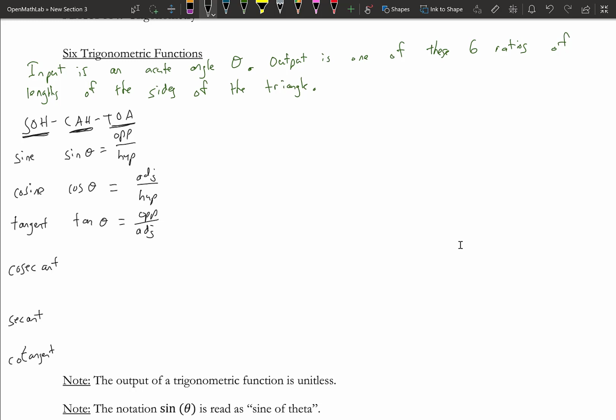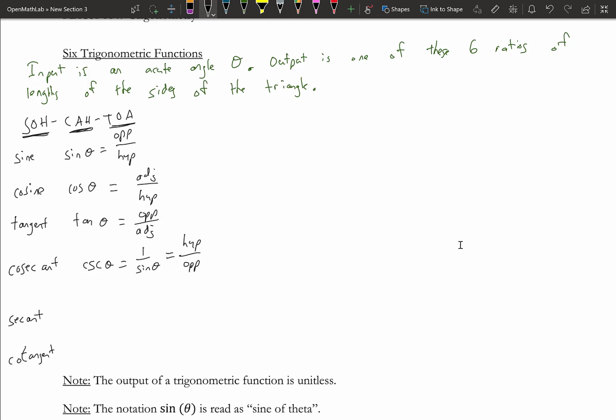Cosecant, we shorthand that as CSC of theta, equals 1 divided by sine theta. So it's the multiplicative inverse of sine. In other words, it's hypotenuse over the opposite. We flip it, like when you divide fractions.